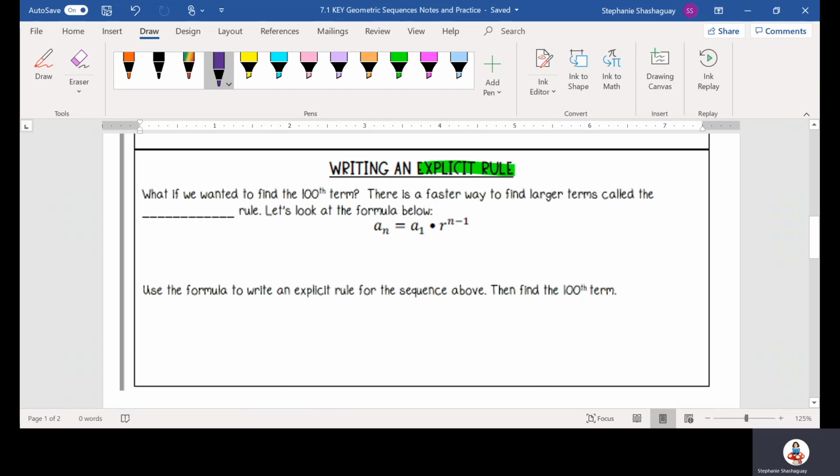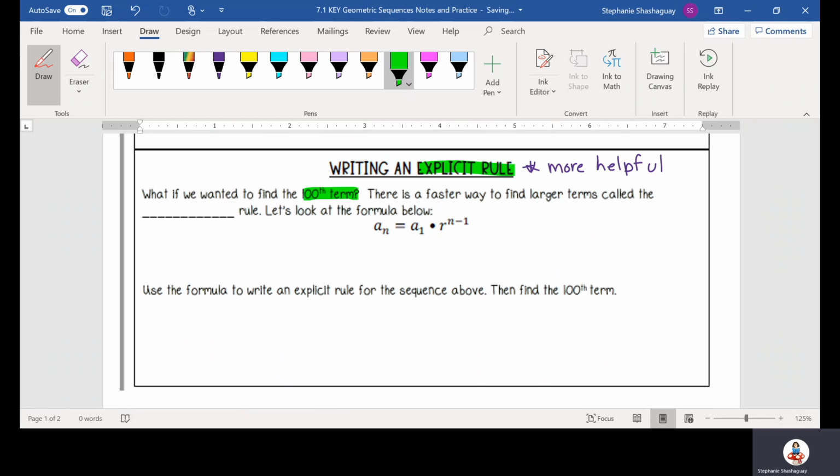You can also write an explicit rule. The explicit rule is much more helpful, because this can help you find any number in a sequence. What if we wanted to find the 100th term?